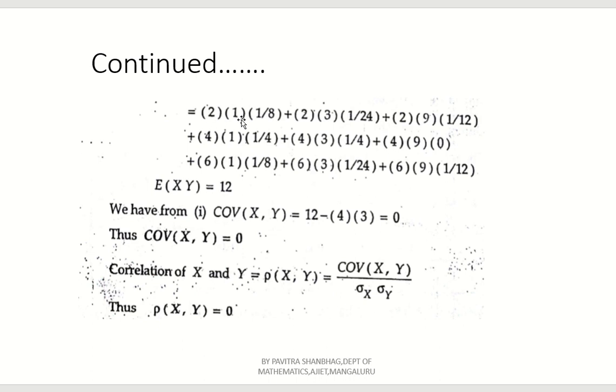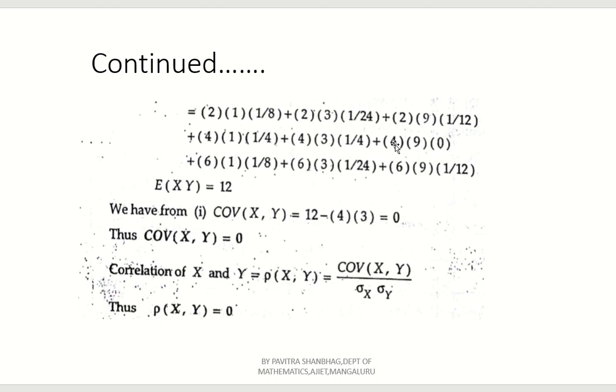So what you will get? 2 into 1 into 1 by 8 plus 2 into 3 into 1 by 24 plus 2 into 9 into 1 by 12. Similarly, next go to J21. That is x2 y1 J21, so 4 into 1 into 1 by 4. Similarly, x2 y2 into J22, 4 into 3 into 1 by 4 plus x2 y3 into J23.